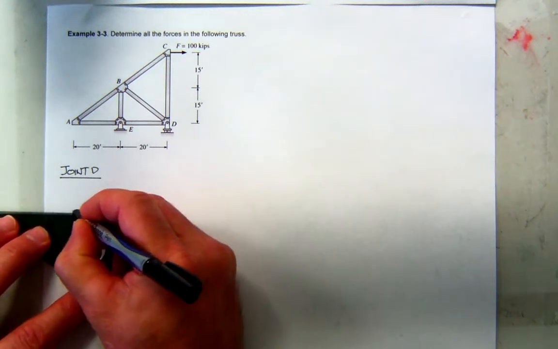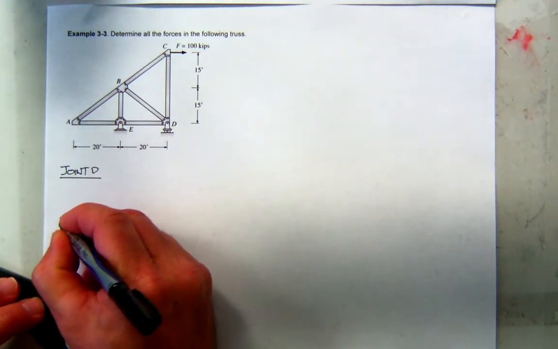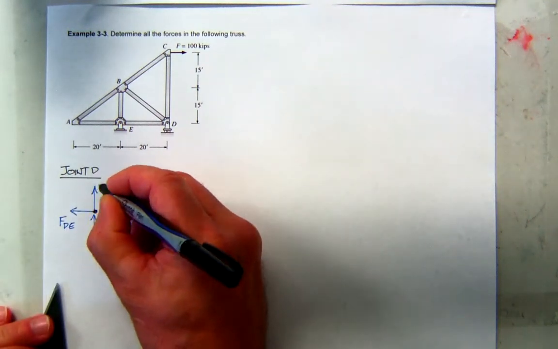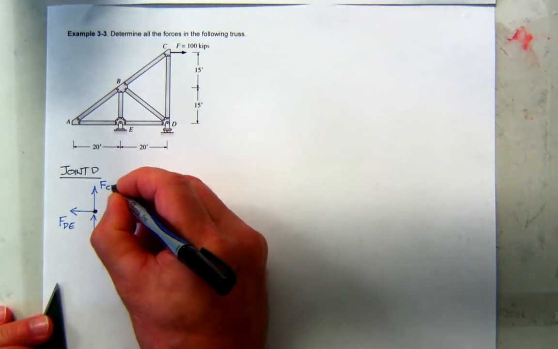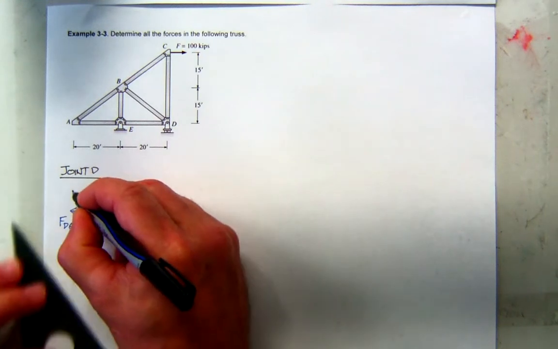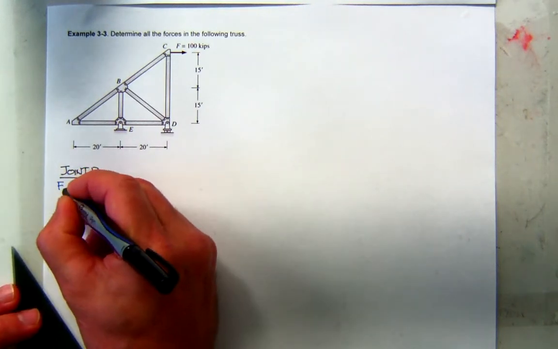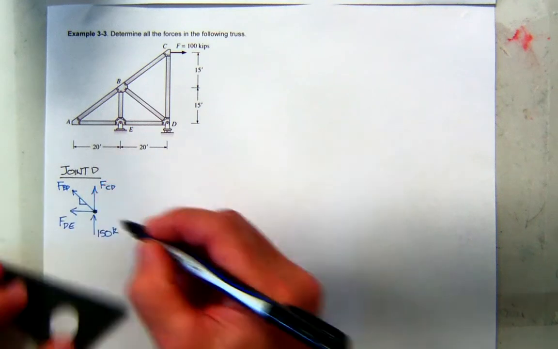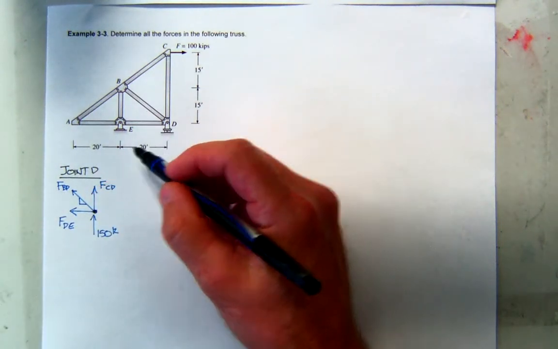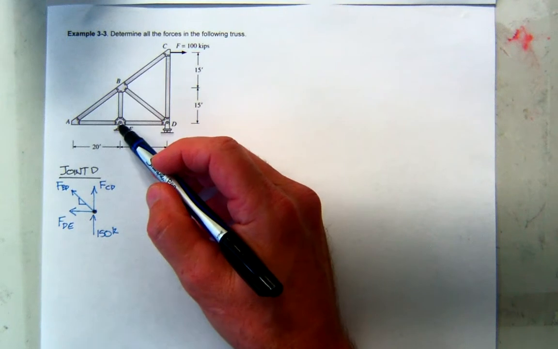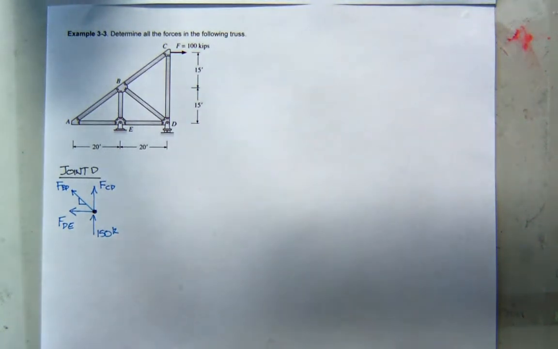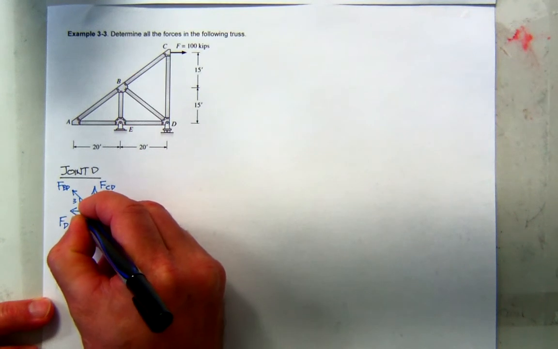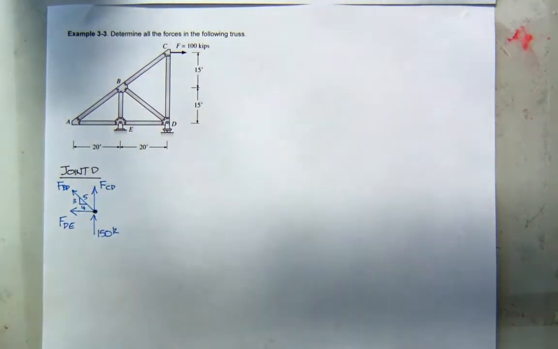And then, of course, I have tension in DE and tension in force CD, and I assume tension in force BD. And what's the slope of that? What's the direction of that? Yeah, you see it's 15 high, run of 20, so that's going to be a 3-4-5.